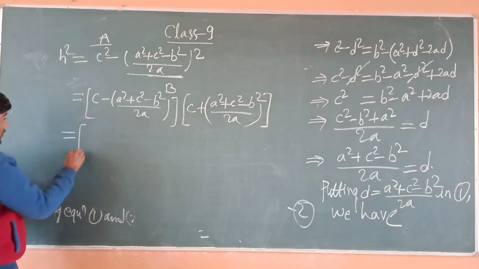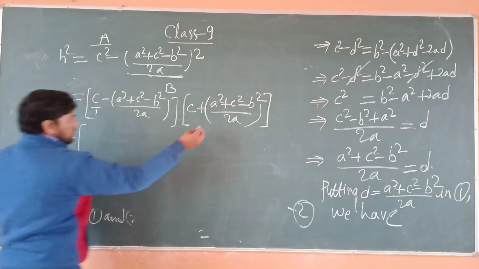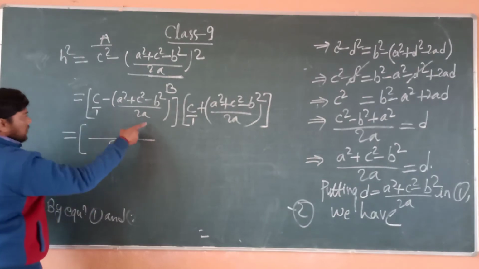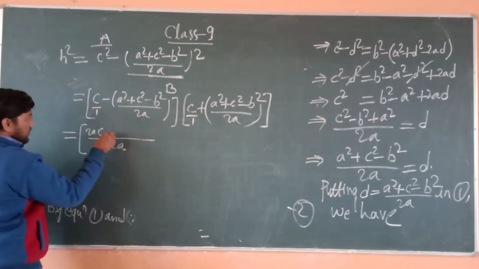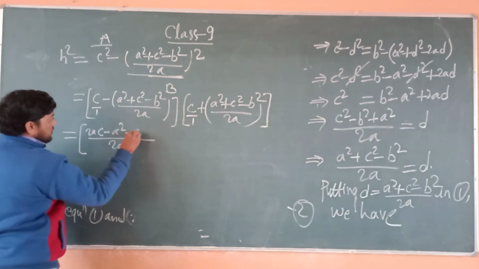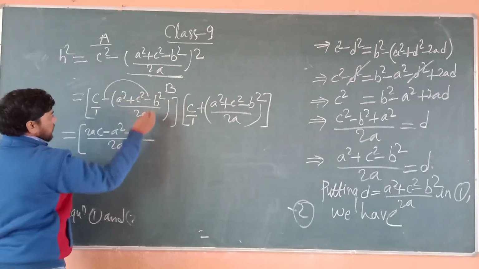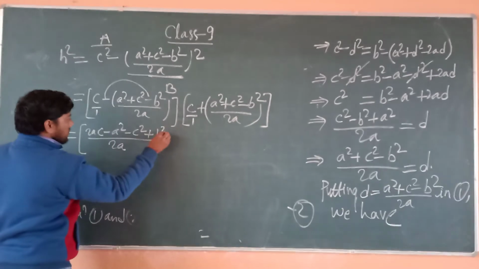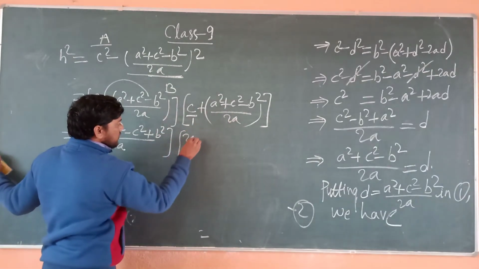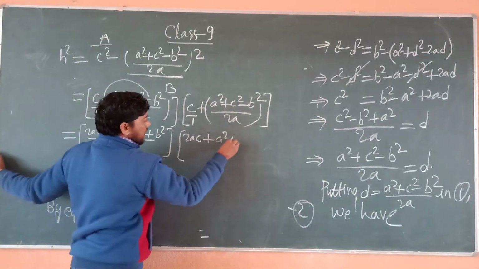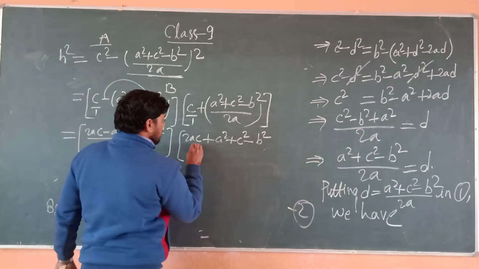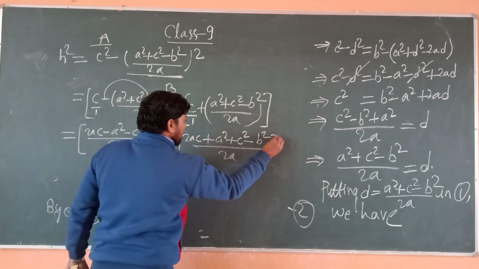Then take LCM 2a: 2ac minus a square minus c square plus b square, then 2ac plus a square plus c square minus b square, upon 2a.